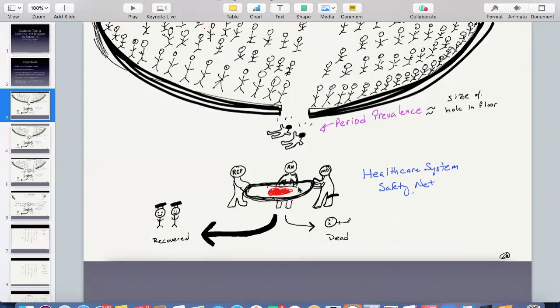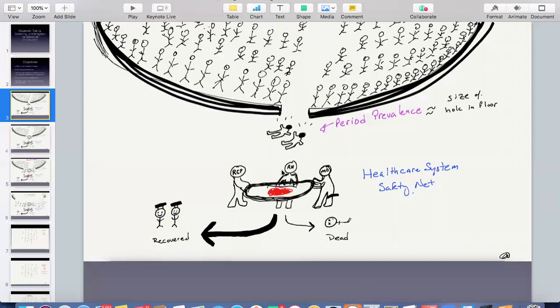And then down below here illustrated is the healthcare system safety net. And as long as the period prevalence is as small or smaller than the safety net, then we have an adequate distribution, an ability to meet the needs of those that are coming to us.